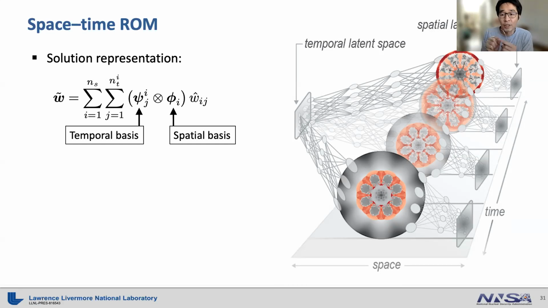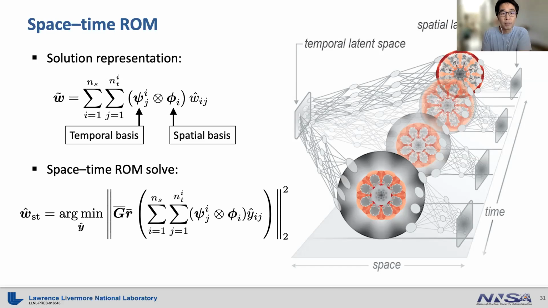And then the coefficients in front of this space-time reduced basis, W hat here, will be computed in the space-time reduced order online phase. Those coefficients can be computed by taking the norm of the space-time residual vector and minimizing it in the least squares sense.